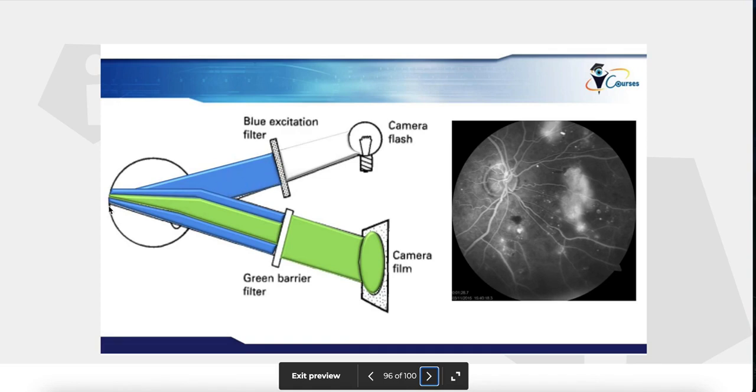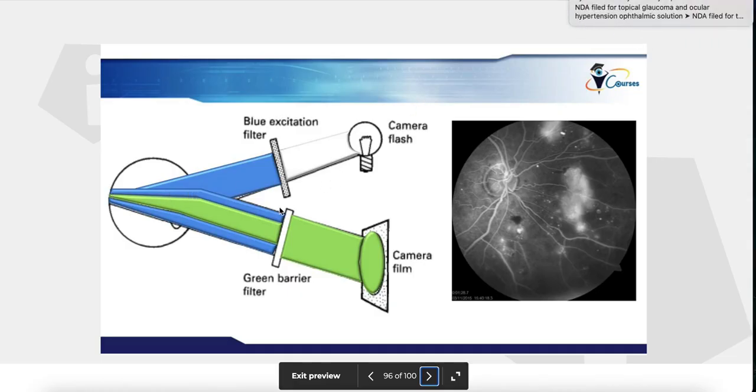It will pass through a blue excitation filter that will cause the light to be blue. This blue light will hit the retina, so it can be absorbed by the fluorescein molecules, leading to reflection of green light, and the areas that do not absorb the fluorescein molecule will not be stained or will not reflect the green light, so it will be only blue.